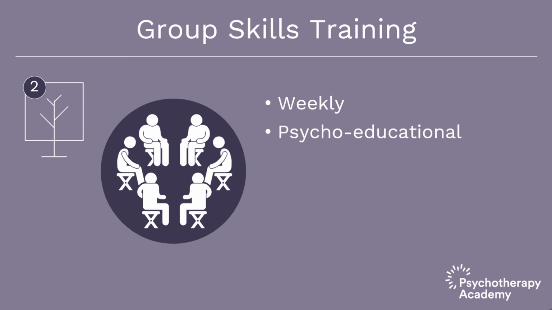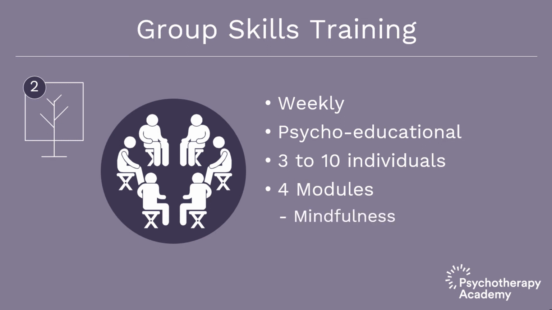You would have between 3 and 10 individuals in a DBT group, and the number of patients somewhat determines how long your group is. There are 4 modules in group, and mindfulness is the most popular and well-known of those. But there are also 3 other ones that we can discuss in more detail later on down the line.